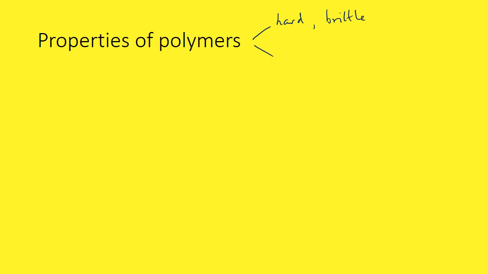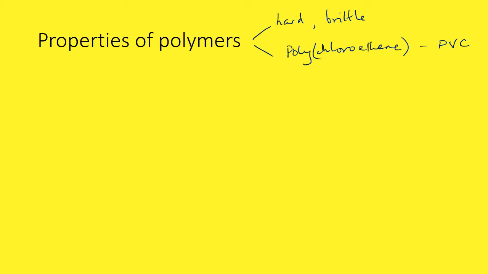We're going to have a look at polychloroethane, or PVC, and we put our brackets around the name of the monomer. Let's also put its common name, which is PVC, polyvinyl chloride, and that starts from a chloroethane monomer.